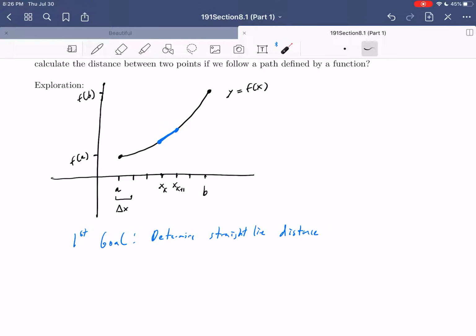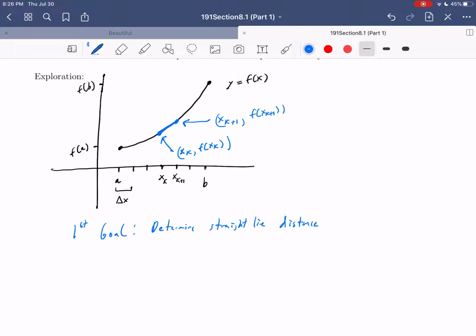Well, we can imagine that the ends of this straight line, well, that end has got to be at x sub k and f of x sub k. And this one has to be at x sub k plus 1, comma, f of x sub k plus 1. So those have to be the points at the two ends there. So like we said, how do you measure the distance between 2 points along a straight line? Well, we have that distance formula.